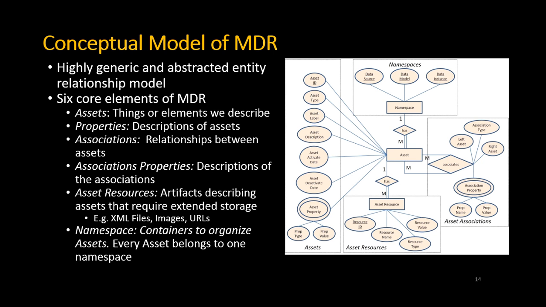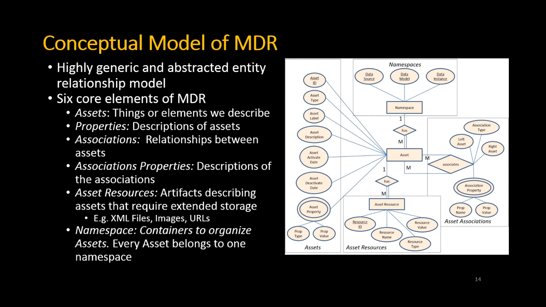So here is a conceptual view of the MDR. The main entity type is the asset in the middle. The asset can have multiple properties, and assets can be associated to other assets. And through those associations, there can be multiple properties as well.